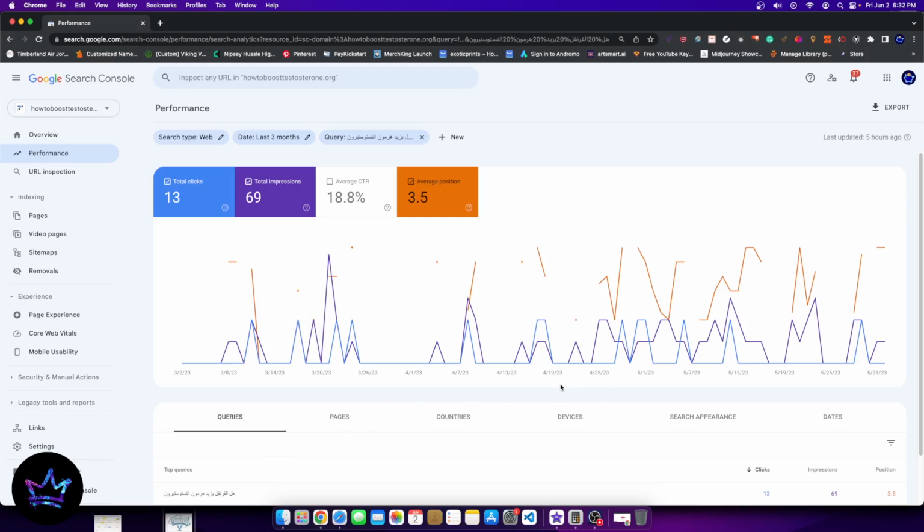It's perfectly fine, and it's perfectly normal for not only your position to fluctuate, but also the existence of the article to begin with to oscillate between existing and non-existing. It is completely normal, and it does happen on Google, especially with your lower competition keywords that you typically tend to rank higher for.